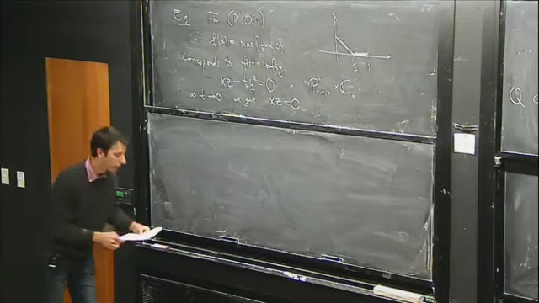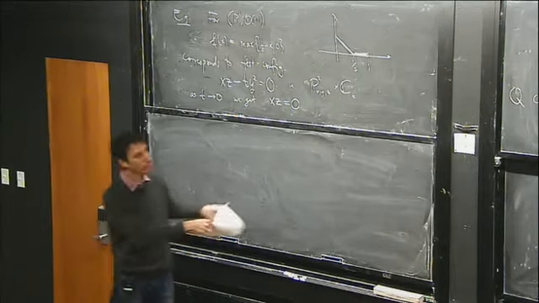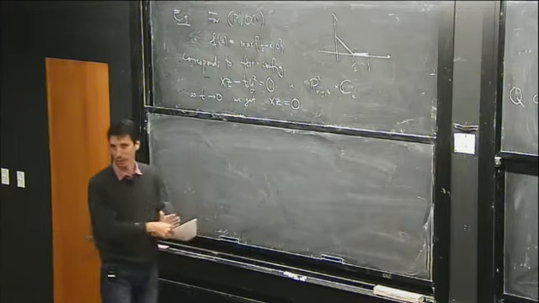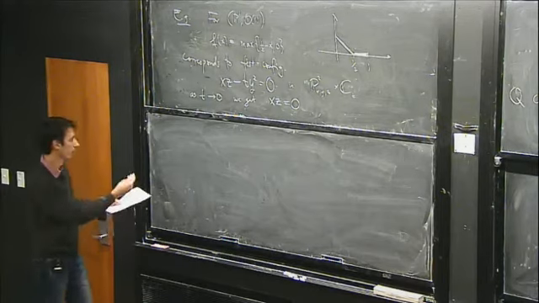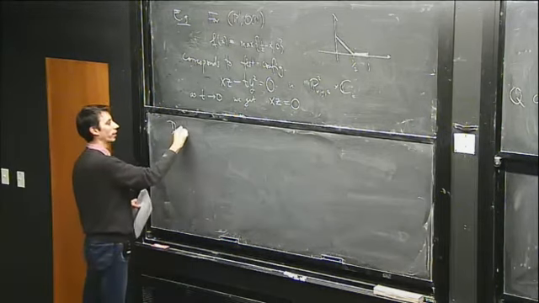Okay, so this way we get a huge family of these test configurations just by picking any rational piecewise linear convex function. And then what you can do is compute their Futaki invariants.